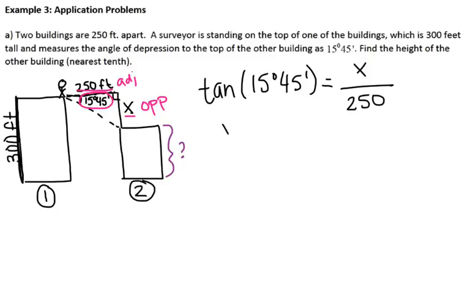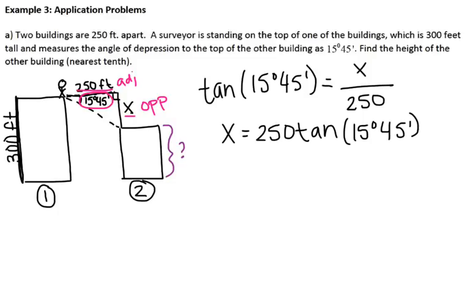Since your x is on top, I can go ahead and multiply, so that's 250 tangent of 15 degrees 45 minutes. Using my calculator, 250 tangent 15 degrees 45 minutes. That gives me 70.5 feet.